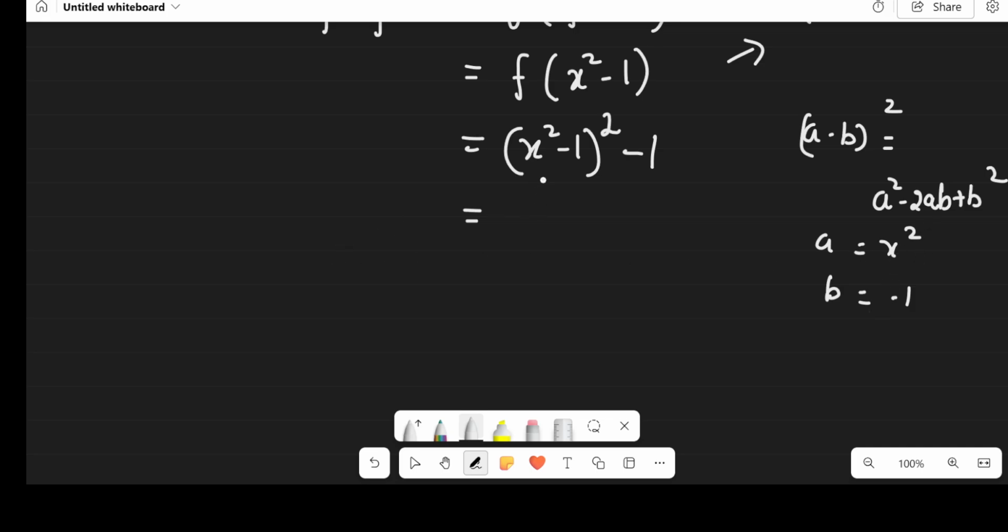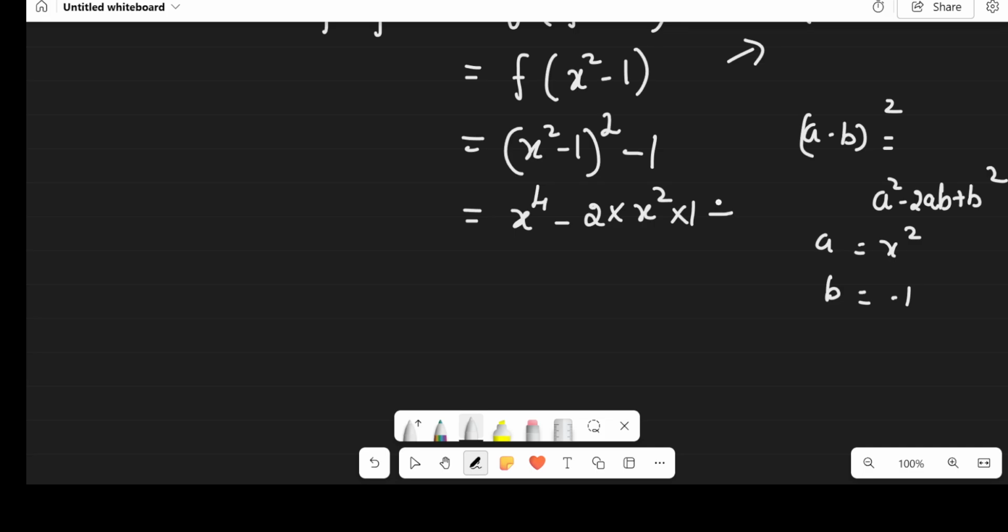So what would be the next step? A square minus 2ab. Here what is x? A square, x power 4, right? Then minus 2ab. 2 into what is a? X square. B is 1, right?